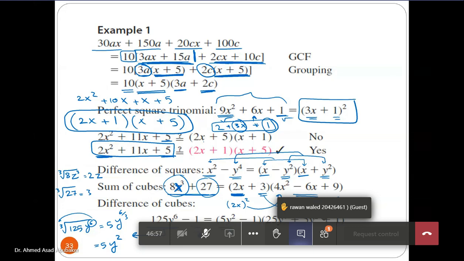The second, the cube root of 1 equals 1.